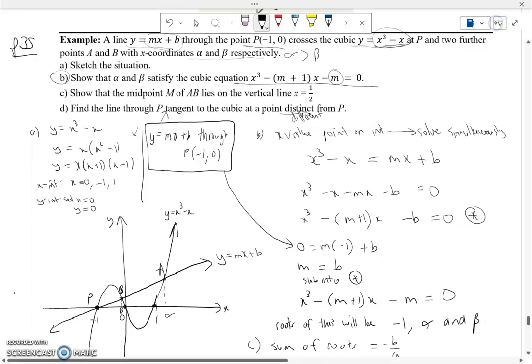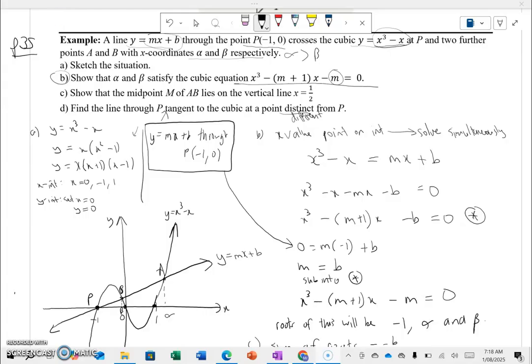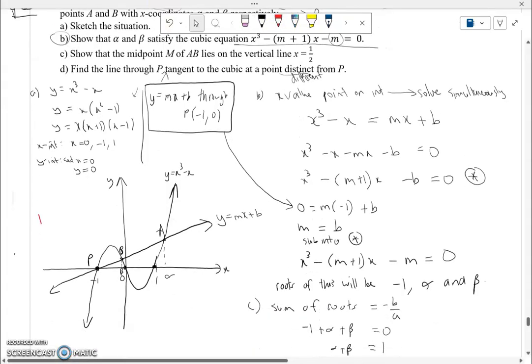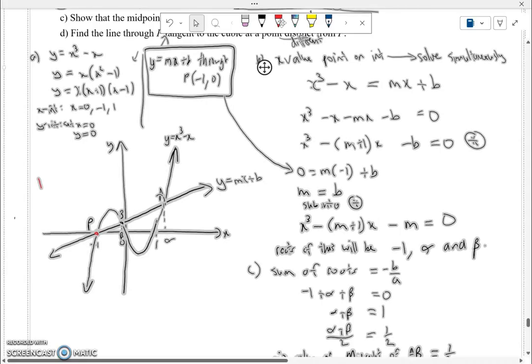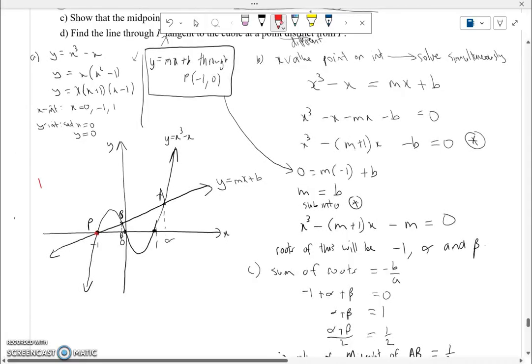So if I can draw in red and try and show you what they're after. Just move this for a second. Let's go red. Yep. So we need to go through P, and we need to touch this guy and be a tangent somewhere else. So convince yourself that if you draw a line like this, that's a horrible line.